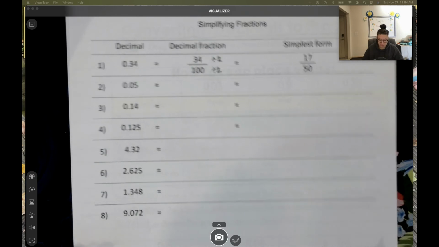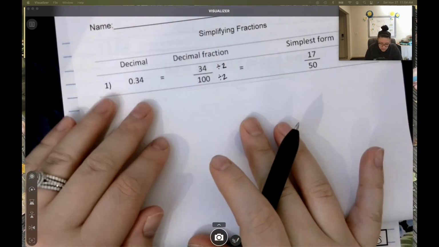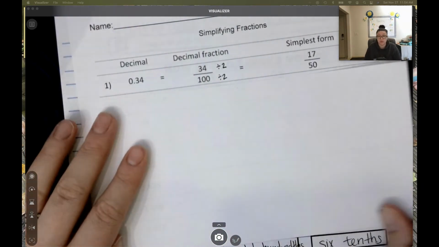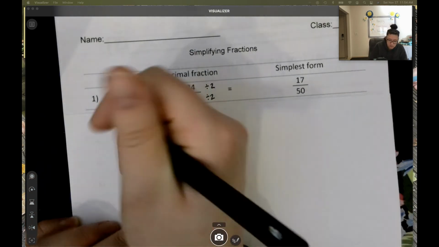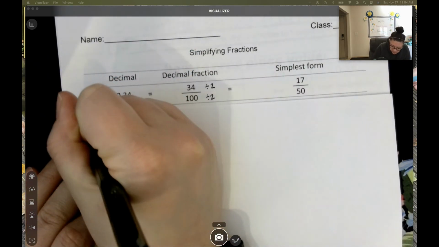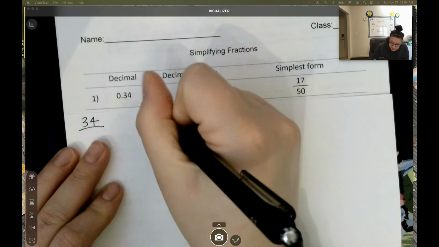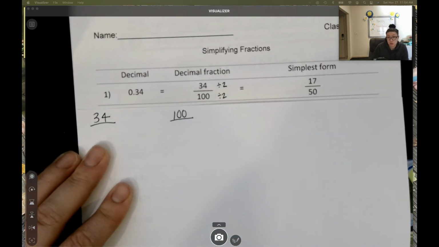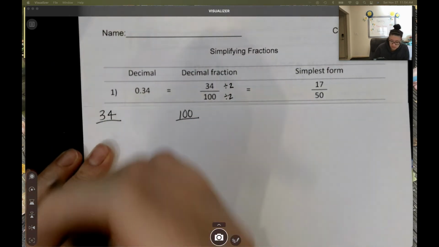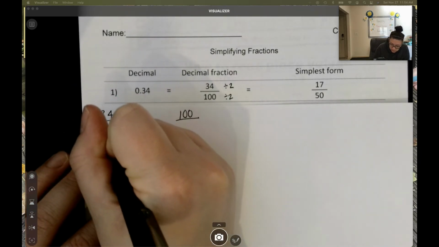Another strategy I like to use is to write out the multiples for both of those numbers. What numbers can I multiply together to get 34? What numbers can I multiply together to get 100? So I go through and write down what can multiply together. For 34, I can do 1 times 34.